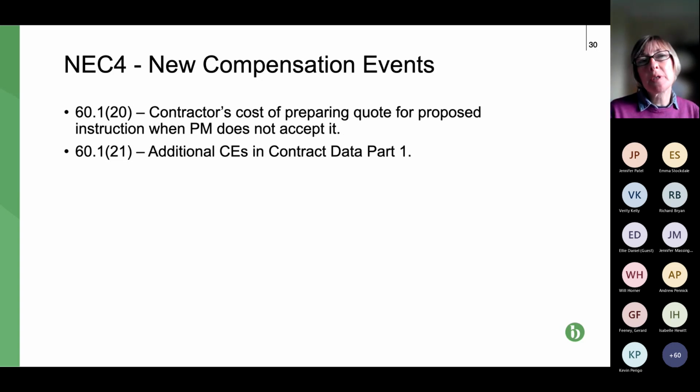And then the last one, this 60.121, is just that any additional CEs can now be included in the contract data part 1. It can also be included in the Z clauses. So, whether or not that's helpful, I'll leave you to judge.